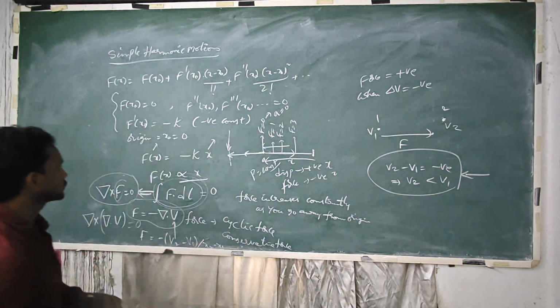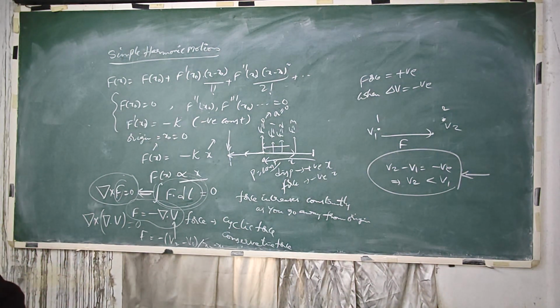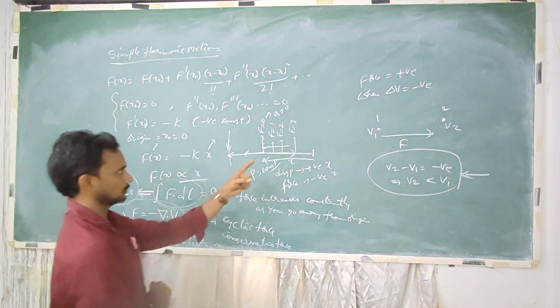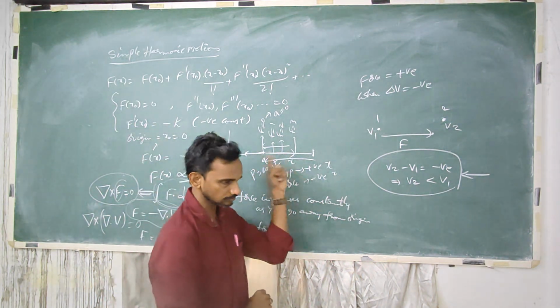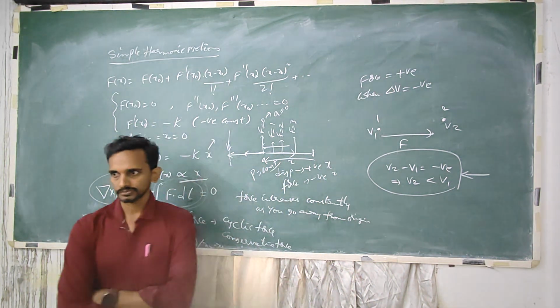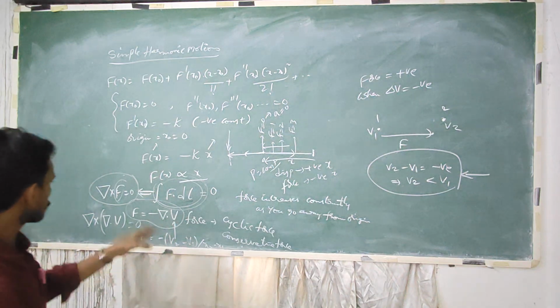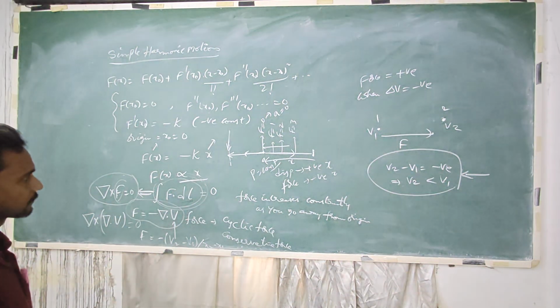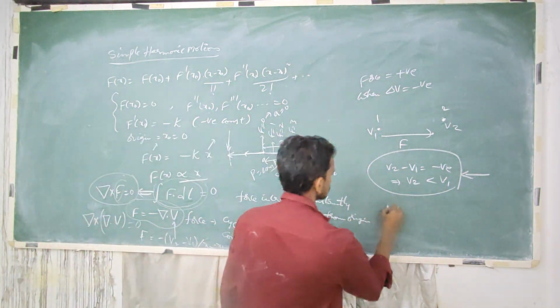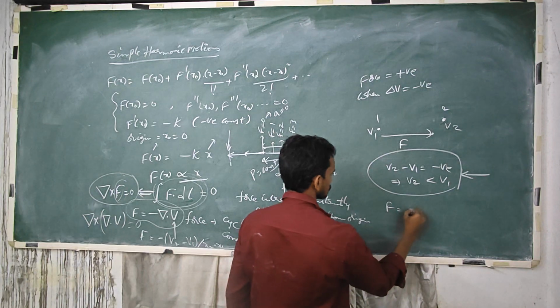So overall, it is a conservative force. Whatever force is acting on this system is a conservative force. So if you solve this differential equation, what is the differential equation? F is equal to minus kx.